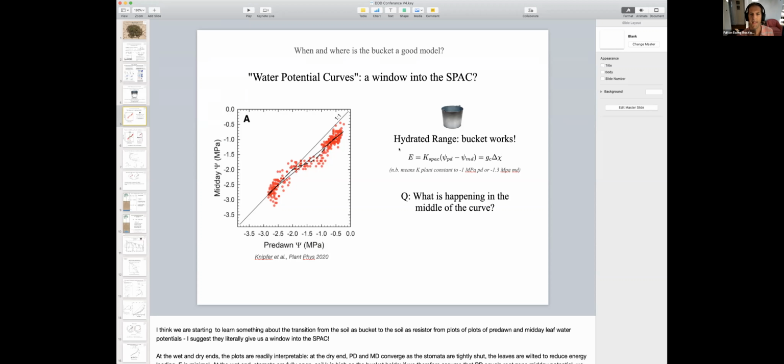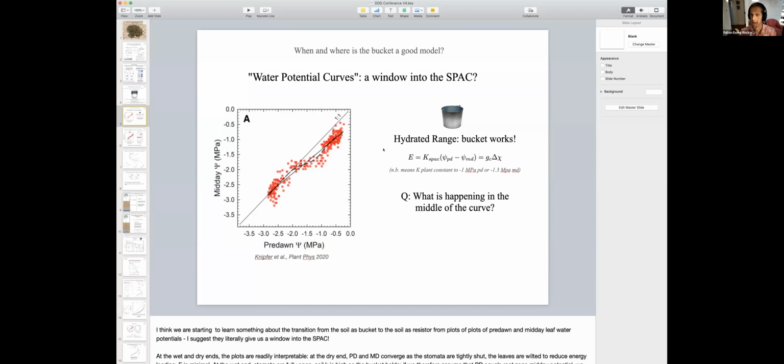So what does that mean? That essentially means that given some average conditions, or average VPD and average stomatal conductance, the conductance of the SPAC is essentially constant, and you get a very predictable water potential drop between pre-dawn and midday.